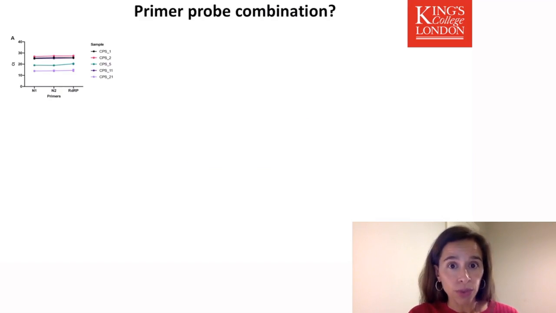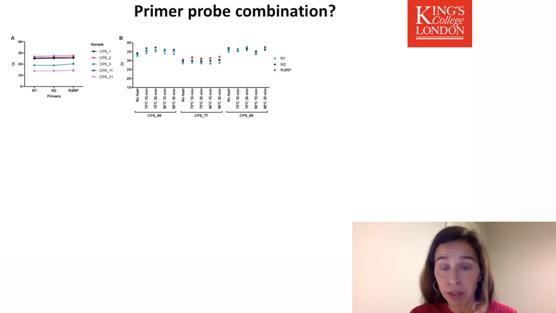The other thing that we wanted to investigate was if the primer probes combinations, the reagents we use to actually detect the virus, are equally efficient. And our first experiments told us that if we could use either the probes for the N gene or RDRP, were equally efficient.